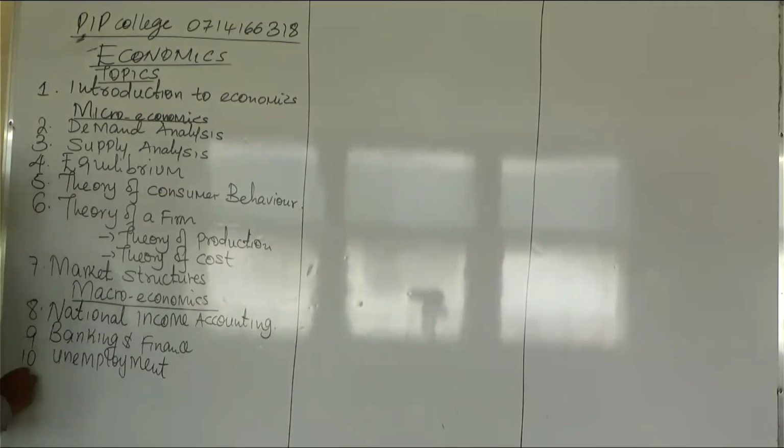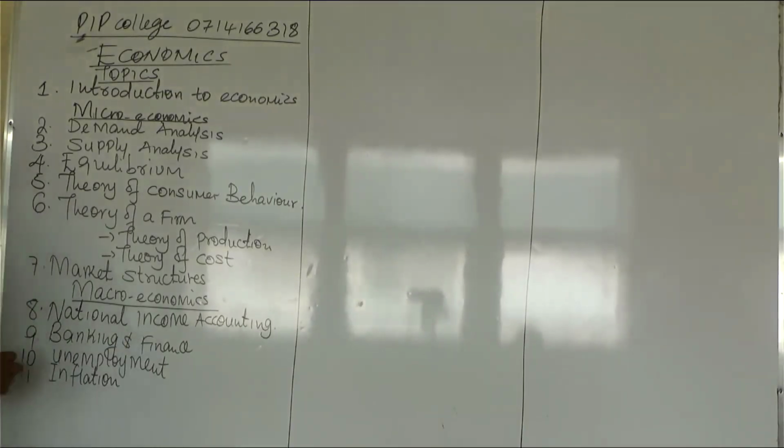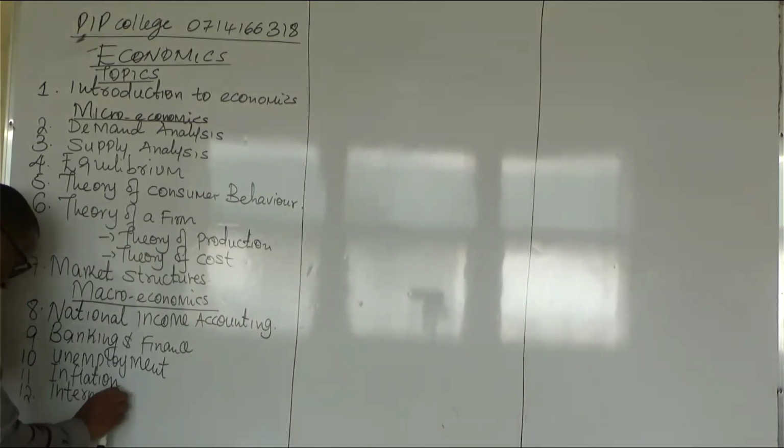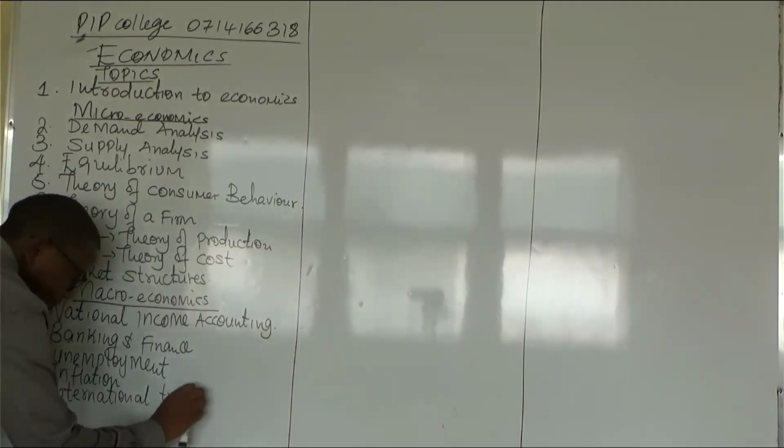Unemployment. Number 11, we'll also talk about inflation. Number 12 is international trade.